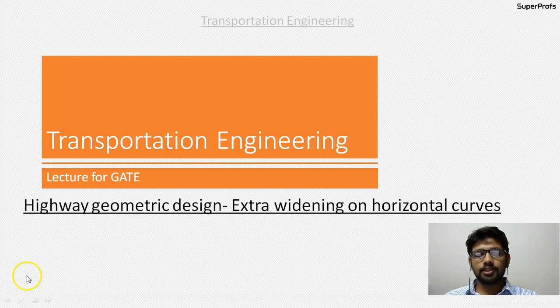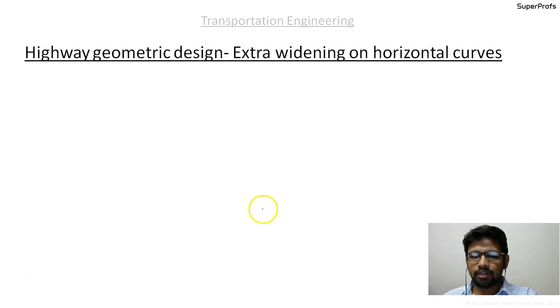Now we will move on to the next concept of highway geometric design, that is extra widening on horizontal curves. The name itself suggests what it is.